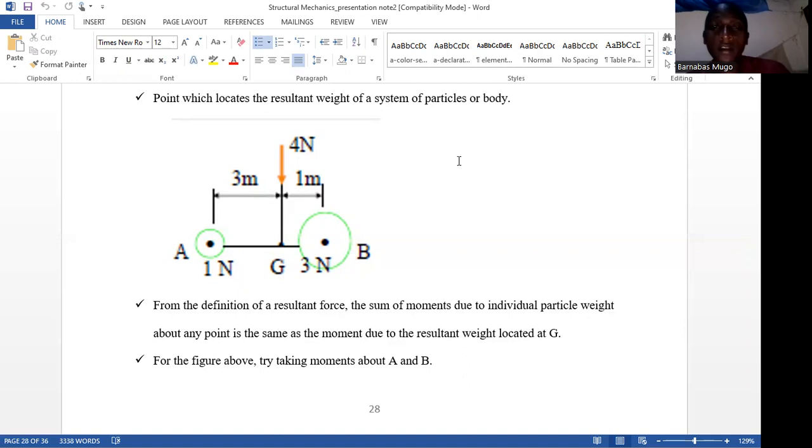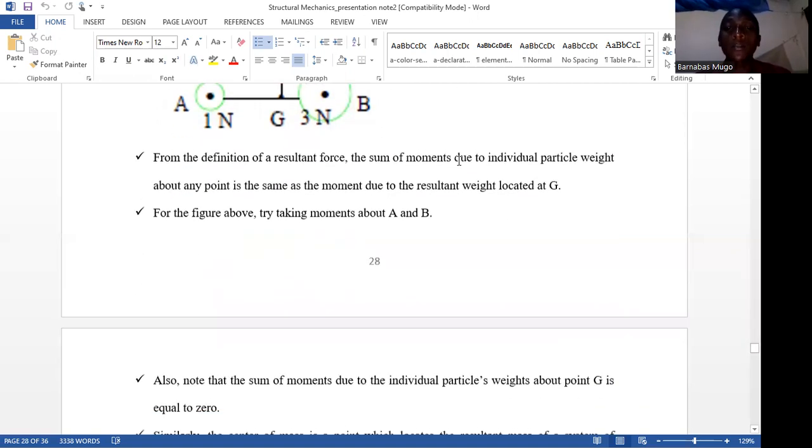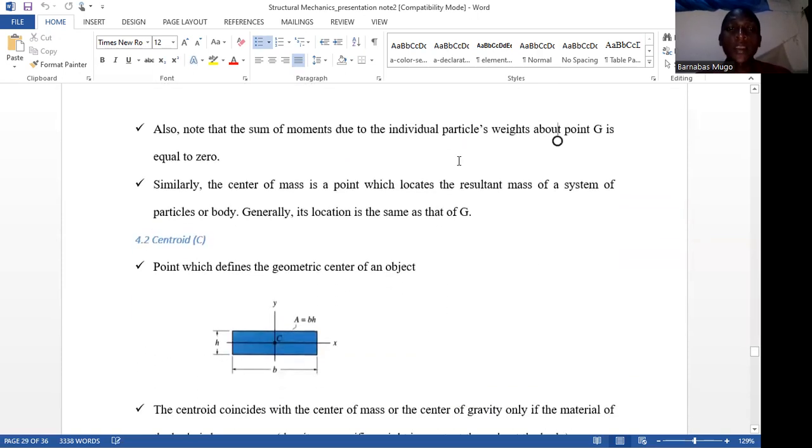And from B, we have 3 Newton multiplied by 1 meter, which is 3 Newton meter. So the clockwise moment is equal to the anti-clockwise moment when we take the moment about G.